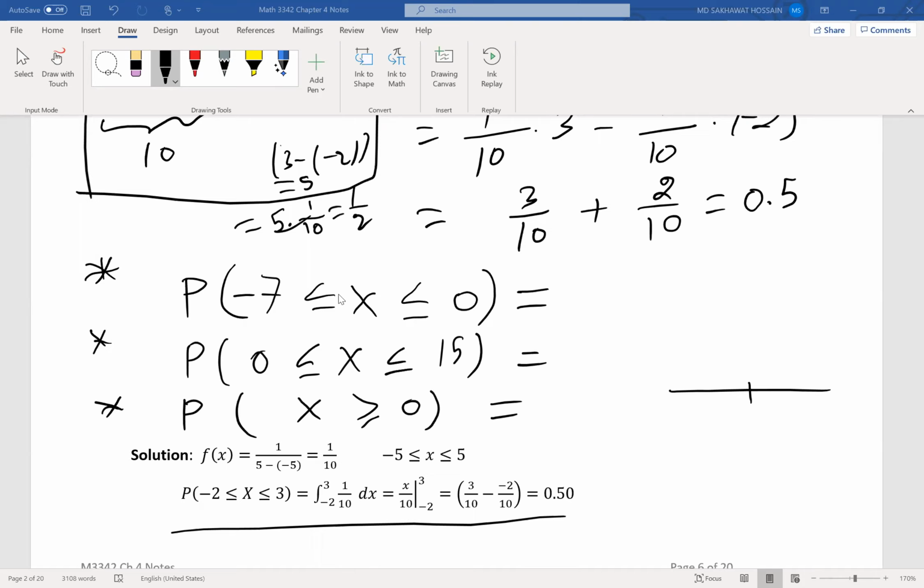The function is defined from -5 to 5, not from -7 to 5, right? So from -7 to -5, the density is 0, and for that part, the probability is 0. So for the first one, you have to consider -5 to 0, not -7, because the function is defined only for -5 to 0.